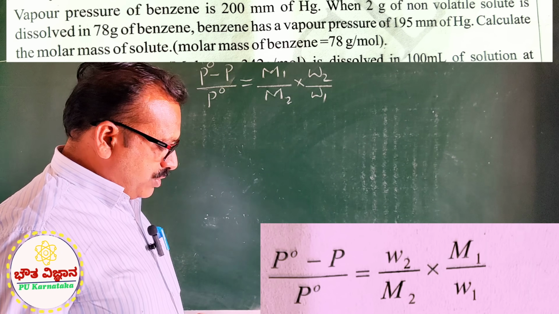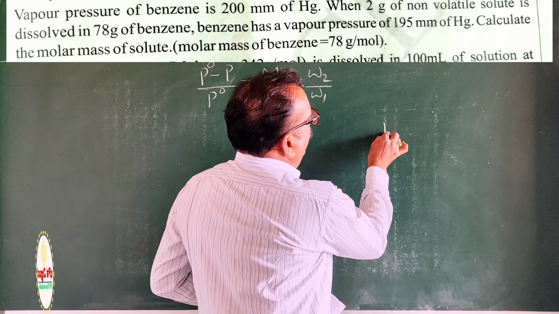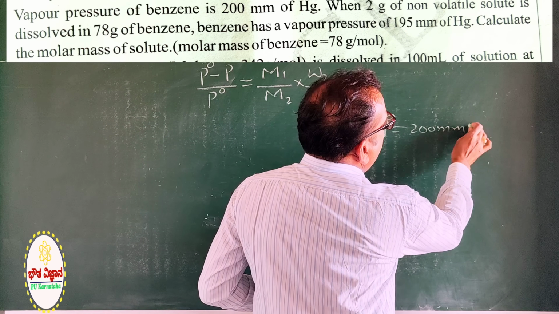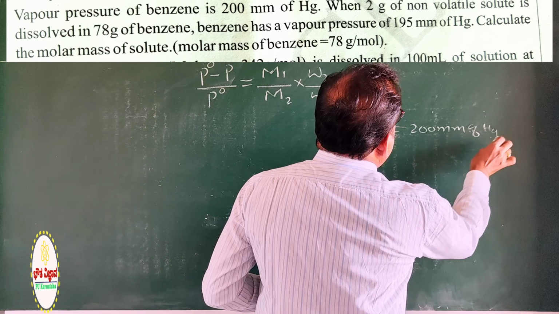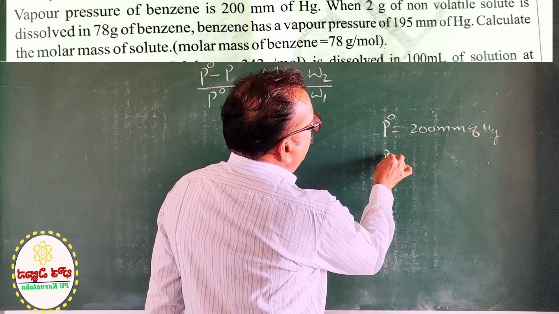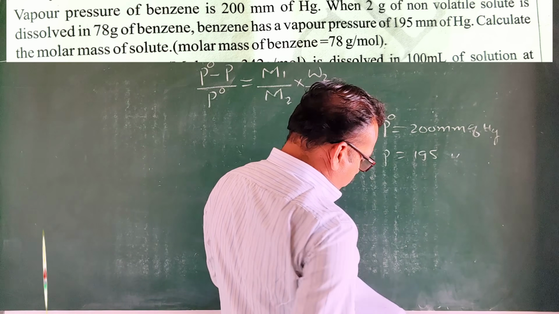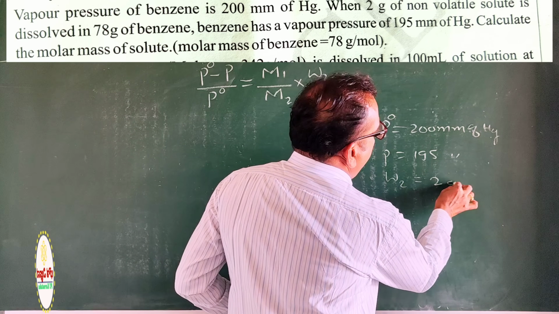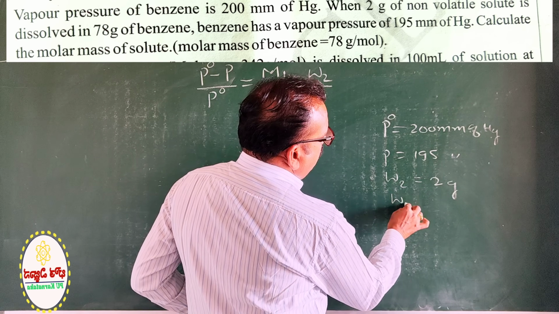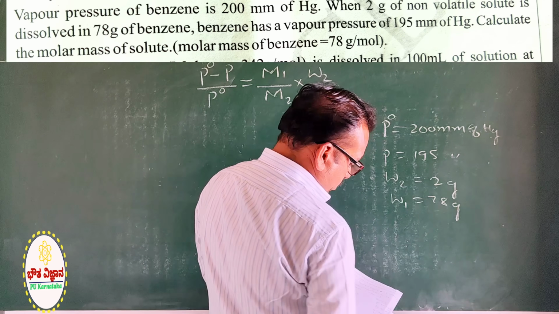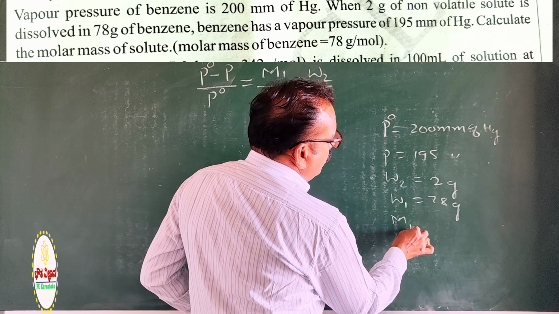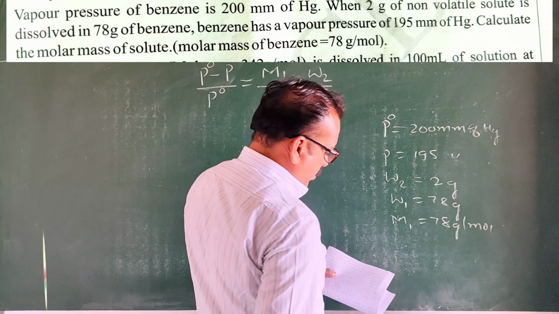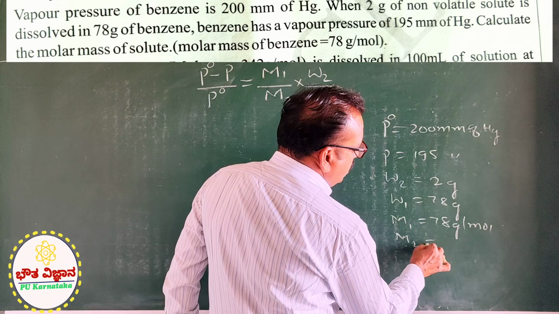So you can write in the question whatever they have given. Vapor pressure P0, they have given 200 mm of mercury, and P they have given 195 mm of mercury, and W2 weight of solute, that is 2 gram, and W1 is 78 gram, and M1 is 78 gram per mole, and M2 they have asked here.